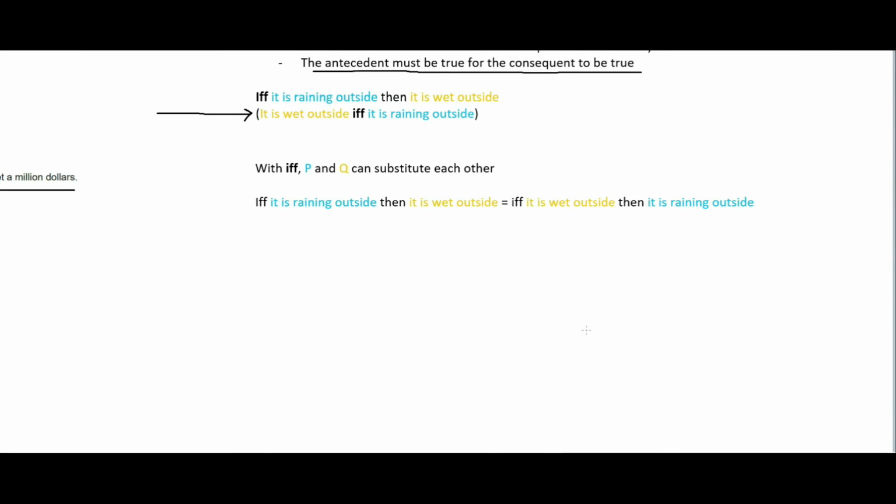And I guess if you wanted to have only if, only if rain then wet, we are saying that rain is a necessary but not sufficient condition.